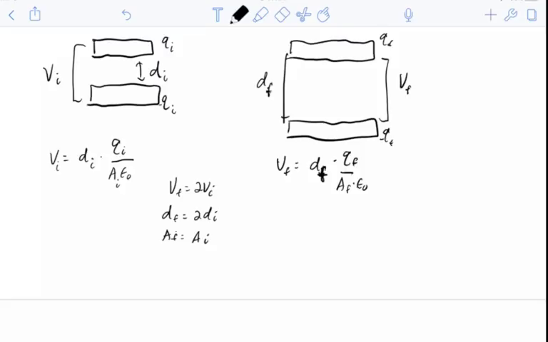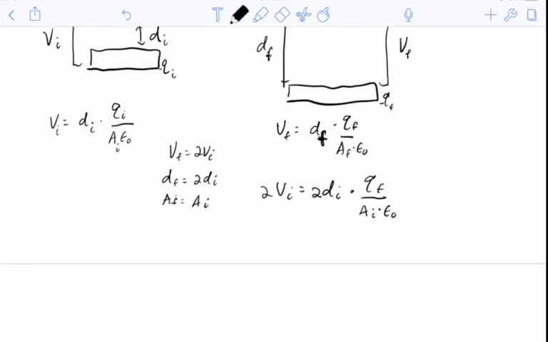So then this equation all becomes 2V initial times 2d initial times Q final over A initial times epsilon naught, which says that V initial is equal to d initial over A initial epsilon naught times Q final.